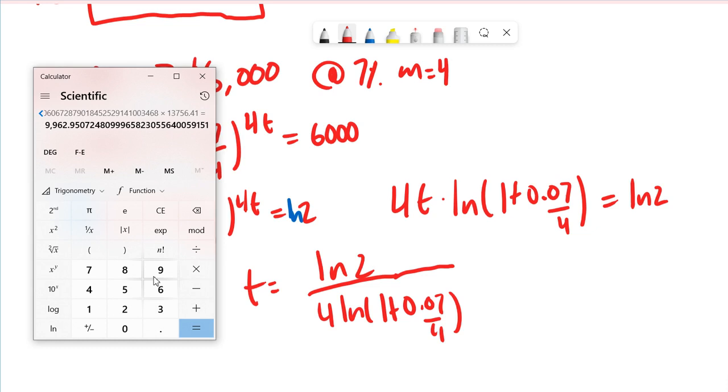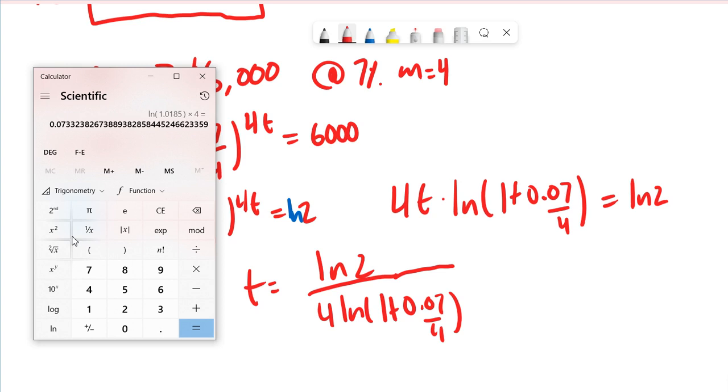Okay. So let's do 1 plus 0.074 divided by 4. Let's see. Okay. And we're going to take the natural log of that. We're going to multiply that by 4.